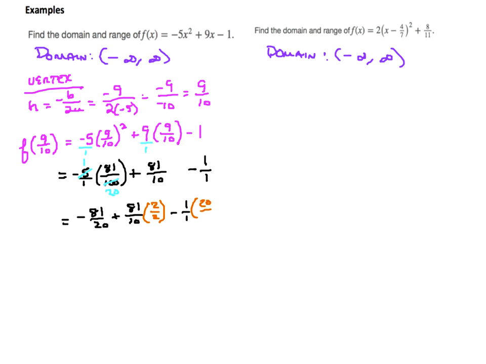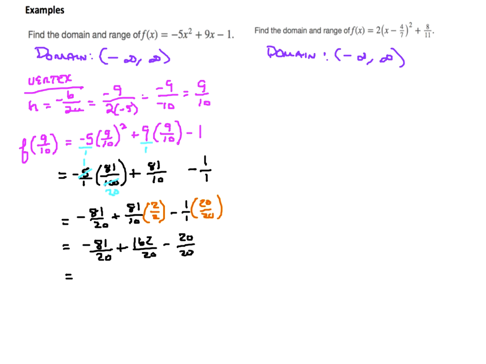I need to multiply this one by a 2 over 2 and this one by a 20 over 20. And now I have -81/20 plus 162/20 minus 20/20.